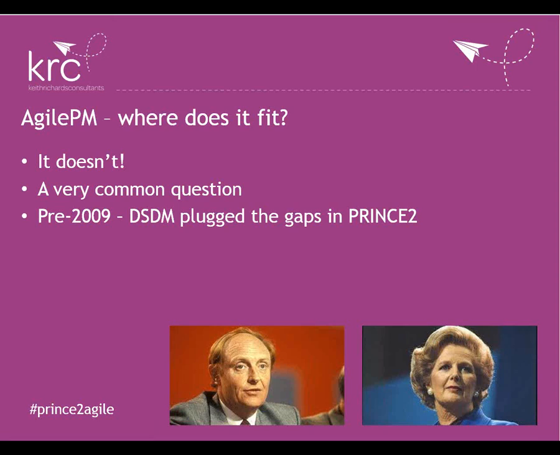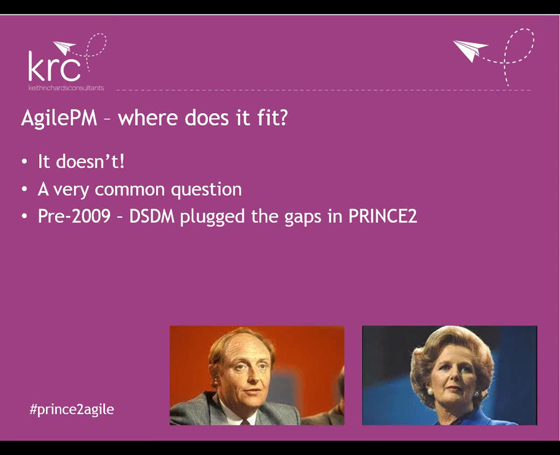Now, from 2009 onwards, with the rewrite of PRINCE2, all of those gaps were closed off. So there's no need to integrate them anymore. Now, as you may be aware, I've written a book on that, which is now, if you like, defunct, which, okay, came as a little bit of a surprise, but what I'm trying to say is PRINCE2 Agile is a way of running projects in an Agile context, and so is Agile PM.